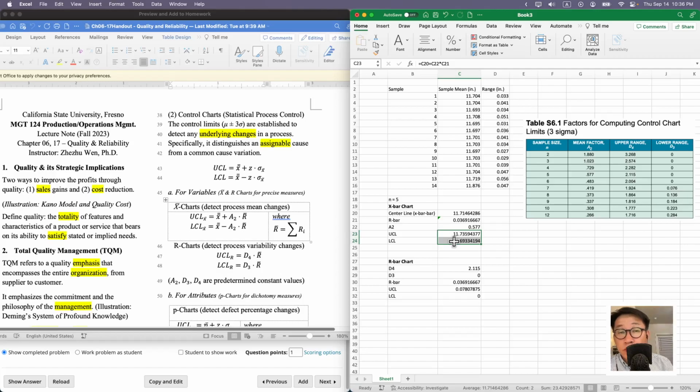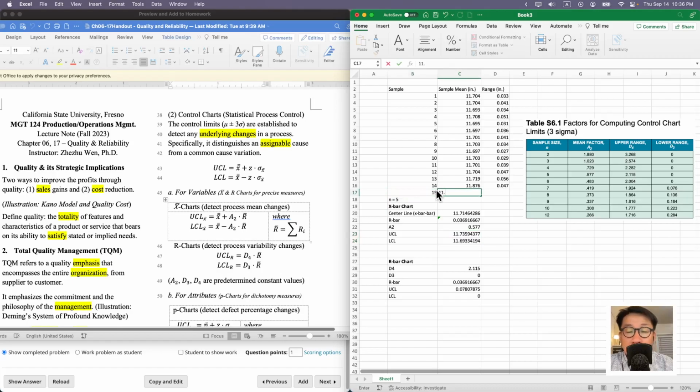Therefore, you stop the machine and conduct a full inspection just to make sure. If it's broken, fix it, and then you can restart your production. In some cases, your process mean has become normal like this.